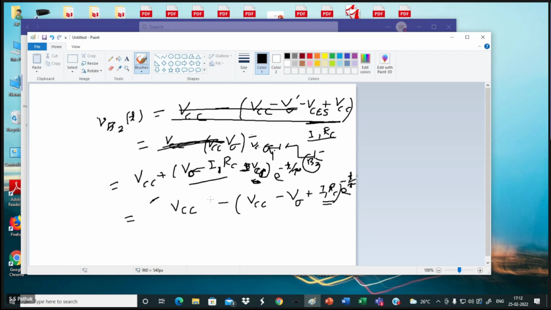What was that? T equal to 0 plus. This was the final when this was applied there. This was in saturation. Okay, this went in saturation at that time. So T equal to 0 plus. It was your VCC minus VCC minus V sigma, and this was nothing but VCC minus VCES.